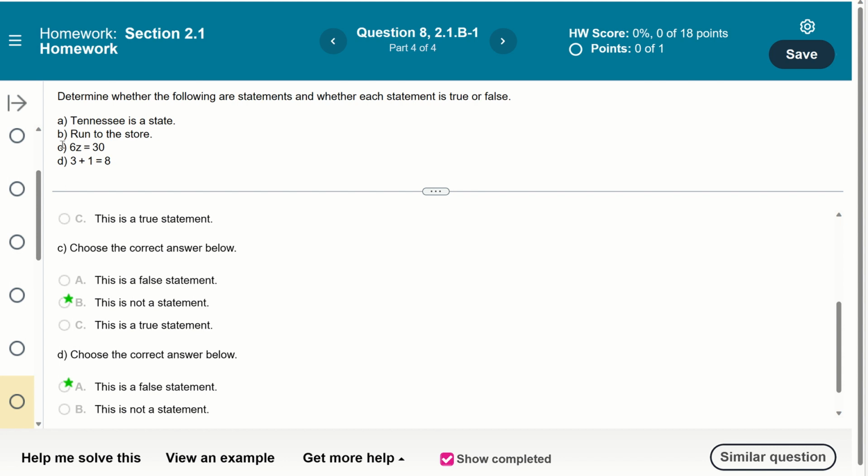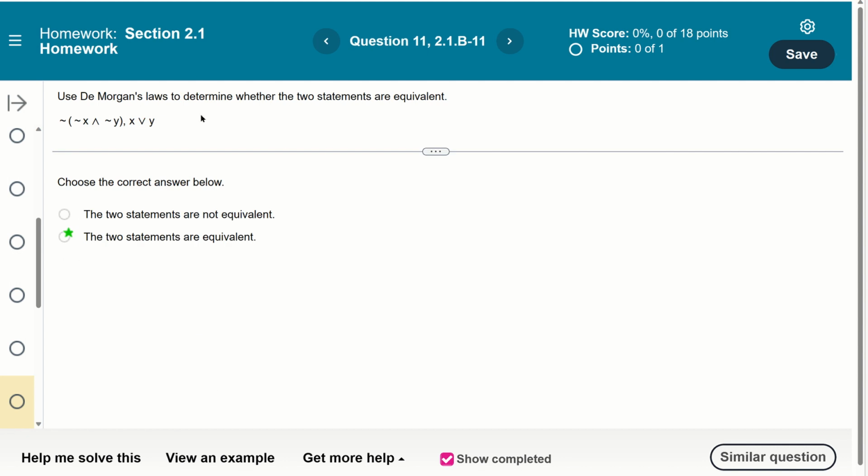So yes, in that sense it's a statement because it can be written as a full sentence, but the reason that from a logical point of view in this discussion it is not considered a statement is the fact that we can't determine whether it's true or false. So because of that, we don't consider this to be a statement. This one, of course, is a statement because we can determine its truth or falsehood, and obviously it is false because 3 plus 1 is not 8.